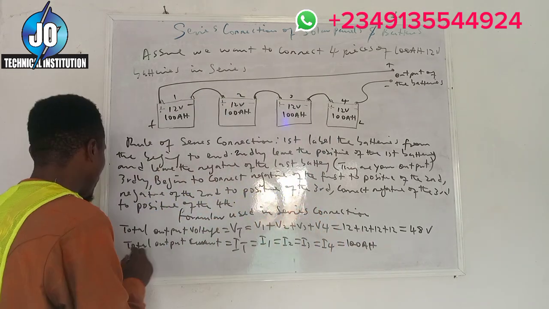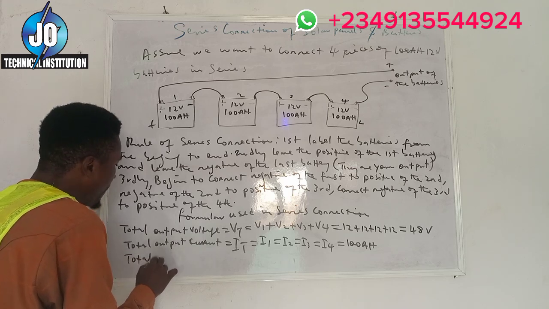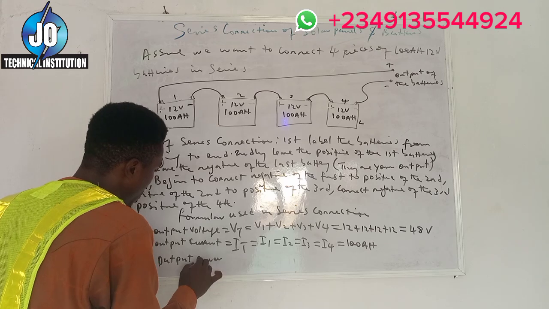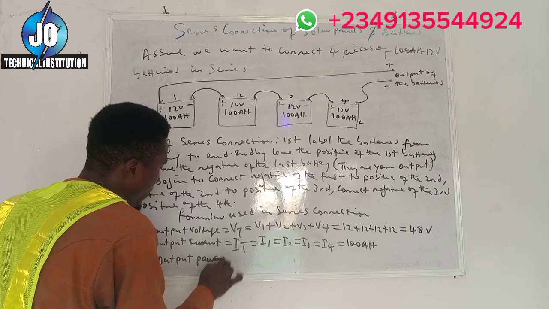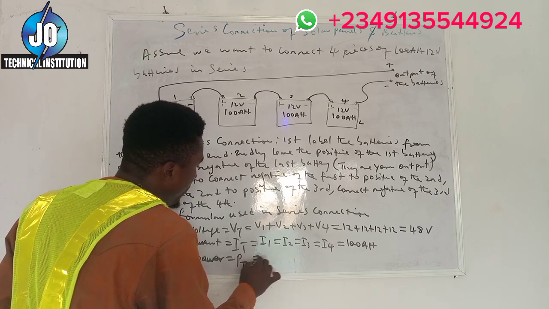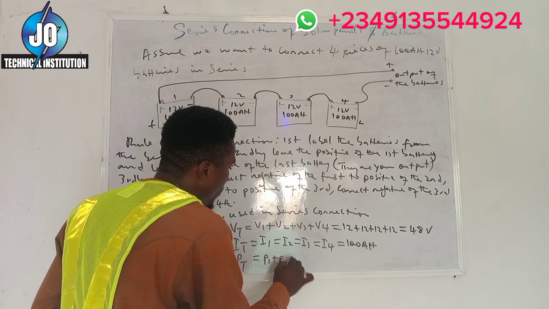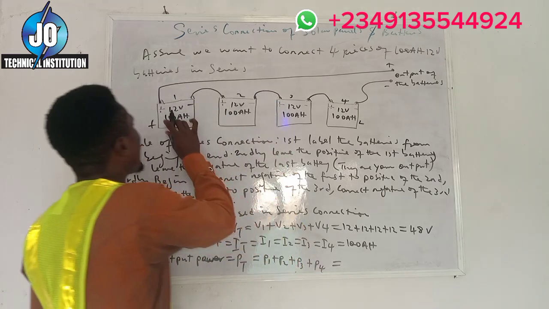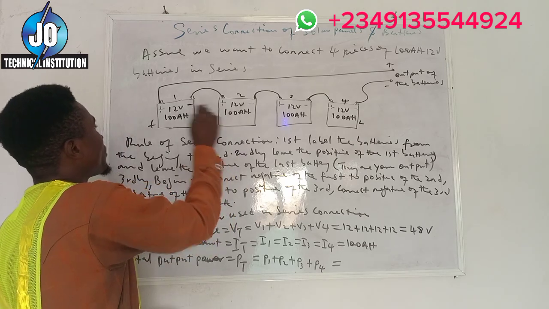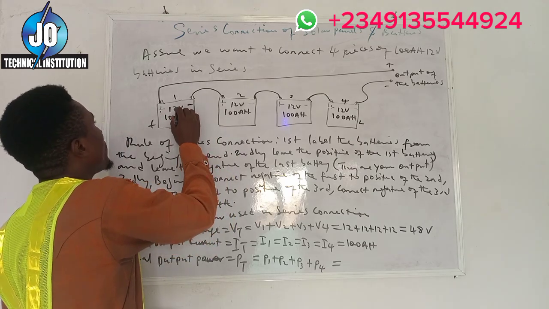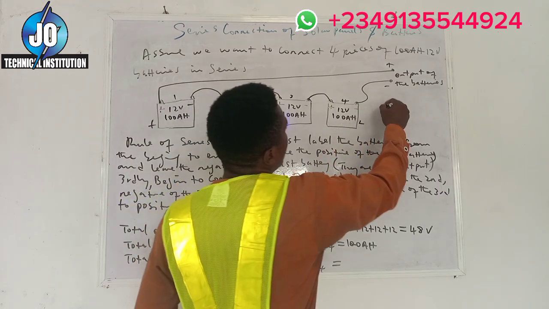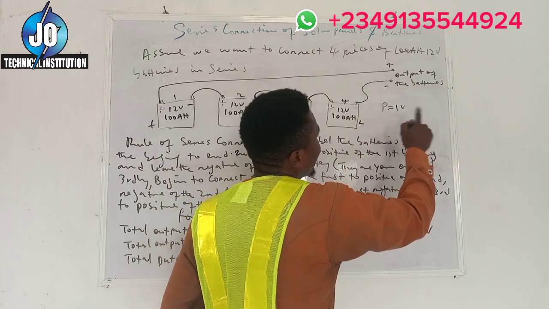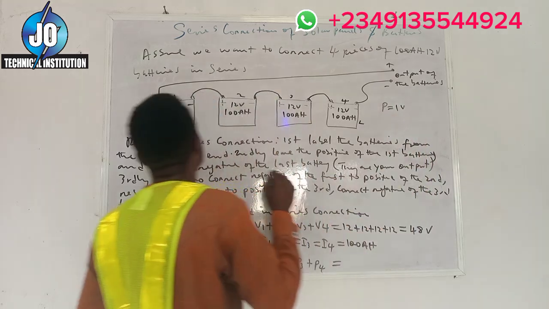Now, the total output power, which is the P total, will be P1 plus P2 plus P3 plus P4. We will be using the formula P equals I times V, where P is power in watts, I is current in amps, while V is voltage in volts.